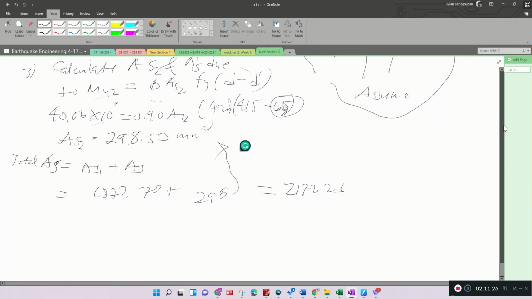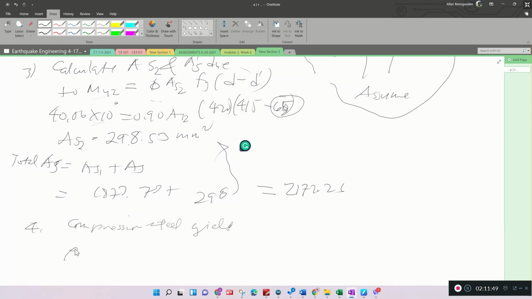So, siguro, yan ko na dito, no? Check compression steel yields, okay? Meron tayong example nito doon sa binigay ko na handout.